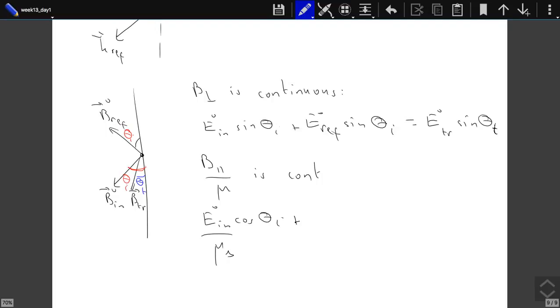We have the parallel component of the reflected B, that is minus E reflected times cosine theta E over mu1. This should be equal to E transmitted over mu2 times cosine theta transmitted.